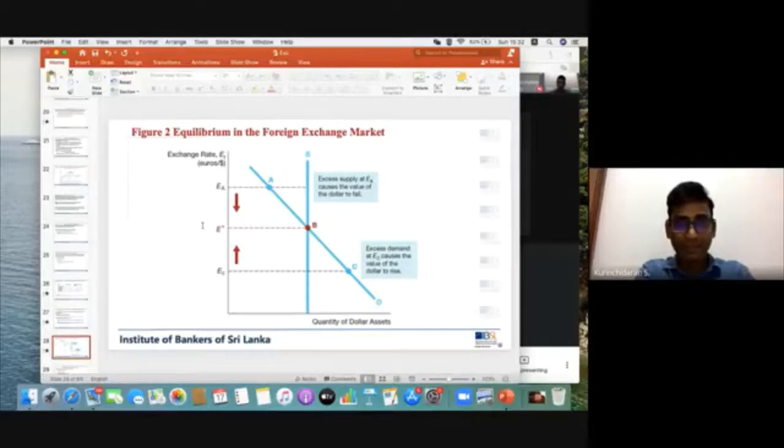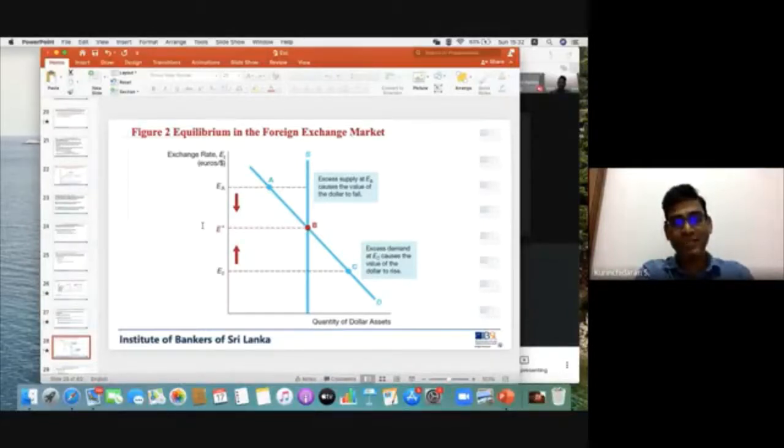Okay, as I said earlier, the supply of dollars, that is our domestic assets, right? So the y-axis is the exchange rate, the x-axis is the quantity of dollar assets, right?